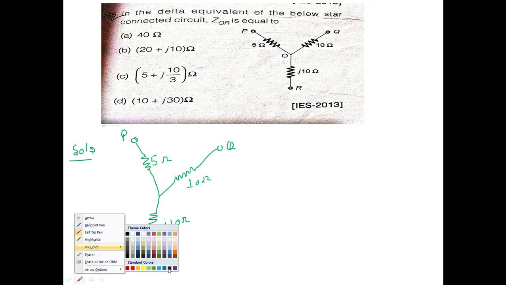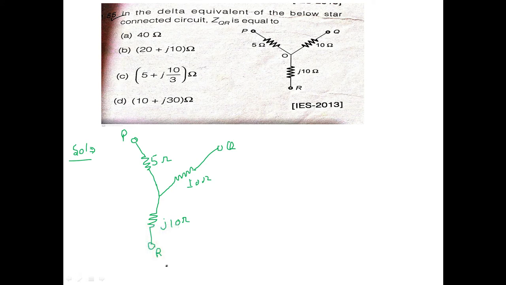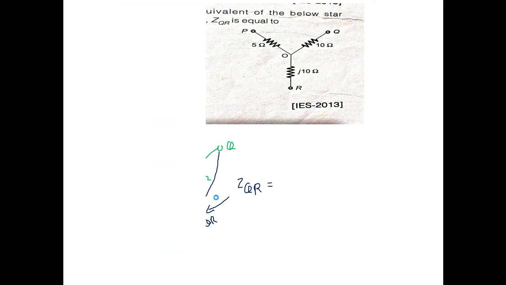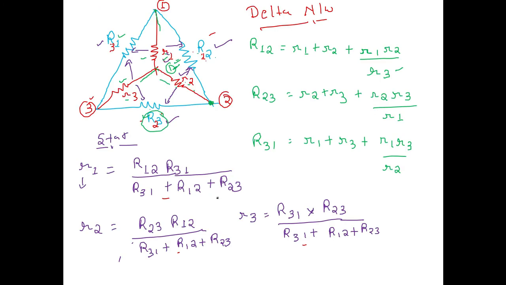I will draw this so that you can easily understand what he is trying to say. He is asking how to find this resistance, that is ZQR, the equivalent resistance across Q and R. What would be the value of ZQR? As I already said in the previous slide, he is asking about the delta connection, that is R12 or R23.